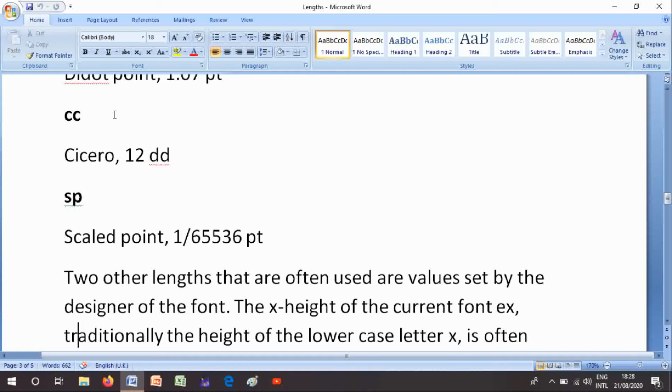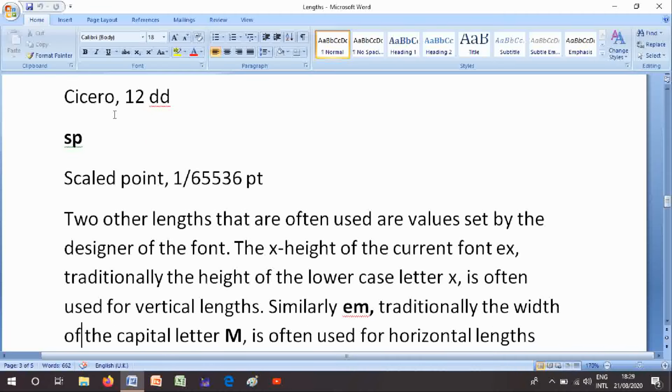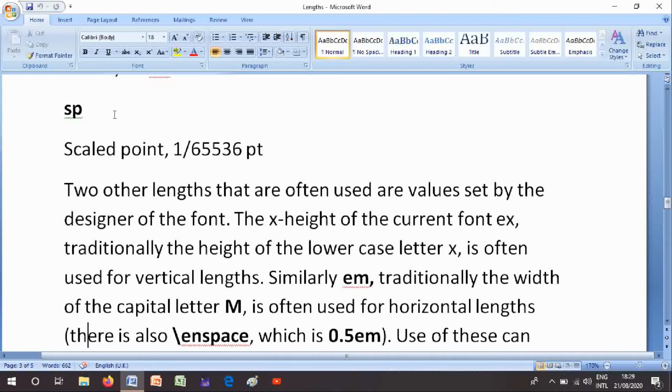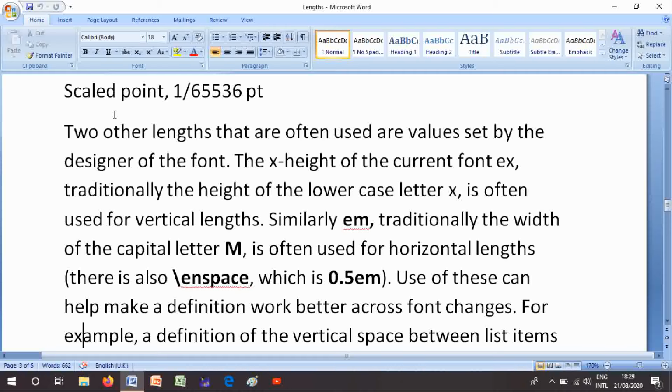Two other lengths that are often used are values set by the designer of the font: the x height of the current font, ex. Traditionally, the height of the lowercase letter x is often used for vertical lengths. Similarly, em. Traditionally, the width of the capital letter M is often used for horizontal lengths. There is also en space, which is 0.5 em.